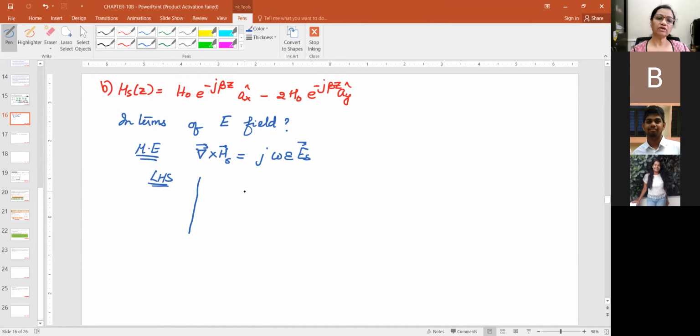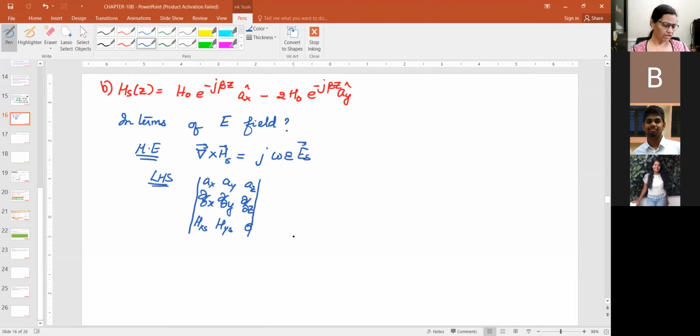When you find, you're going to get del cross H is going to be ax cap, ay cap, az cap. Then you have dou by dou x, dou by dou y, dou by dou z. And then let us look at our H. H is having, you can see from the equation, an x component and a y component. So let us just put Hxs and Hys, and this is 0.